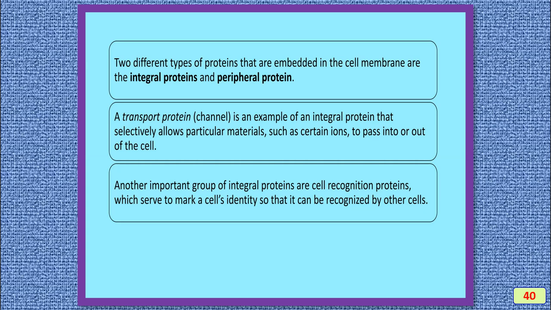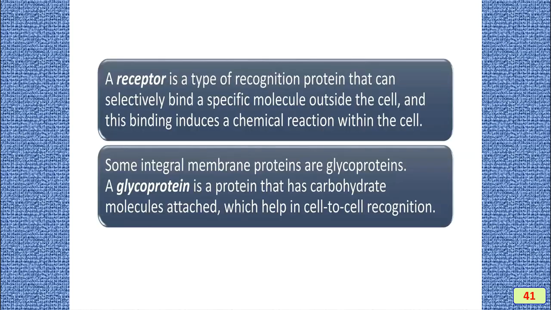Another important group of integral proteins are cell recognition proteins, which serve to mark a cell's identity so that it can be recognized by other cells. Another is the receptor, a type of recognition protein that can selectively bind a very specific molecule outside the cell, and this binding induces a chemical reaction within the cell.